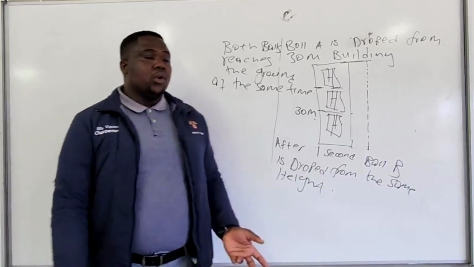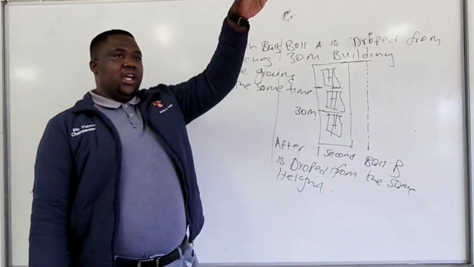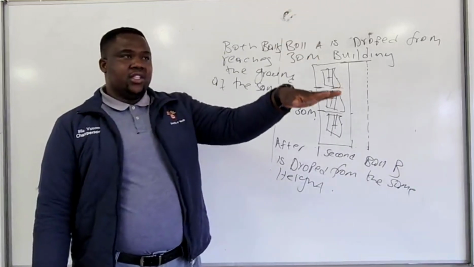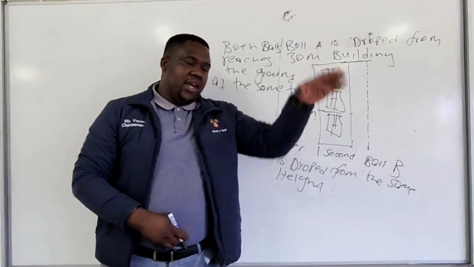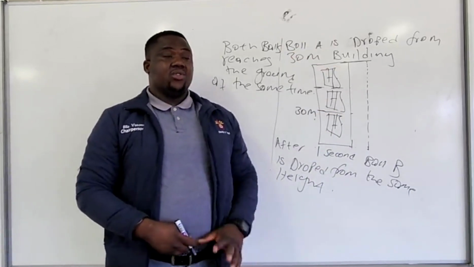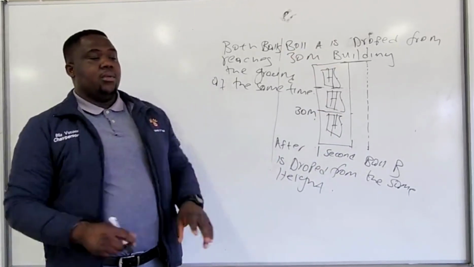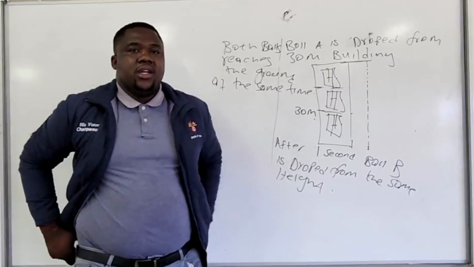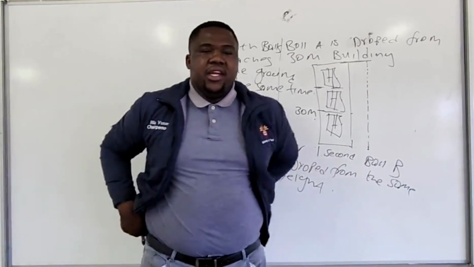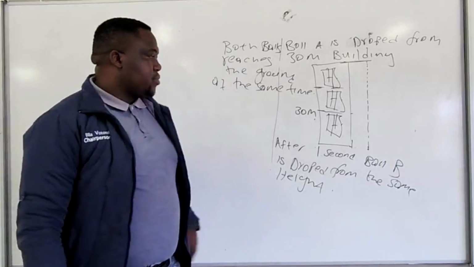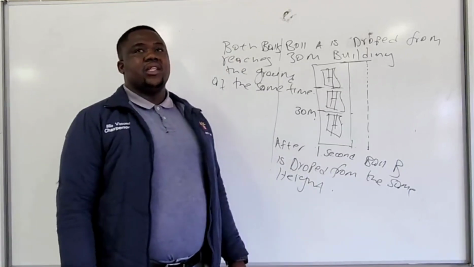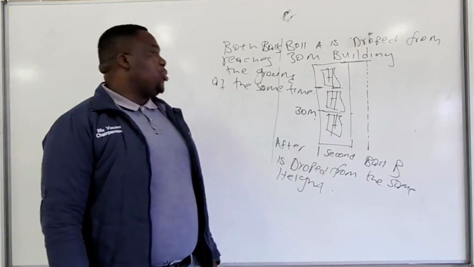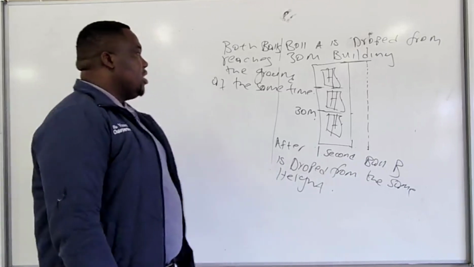It is possible that while ball A is in the air, moving, ball B is just dropped. So those balls reach the ground at the same time. Understand?